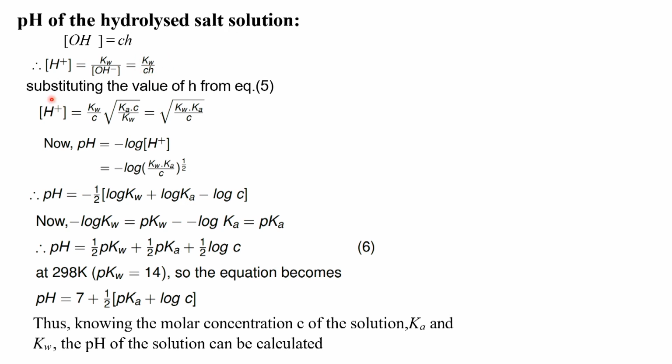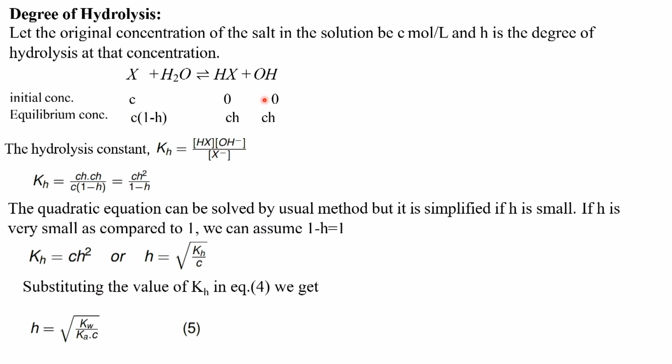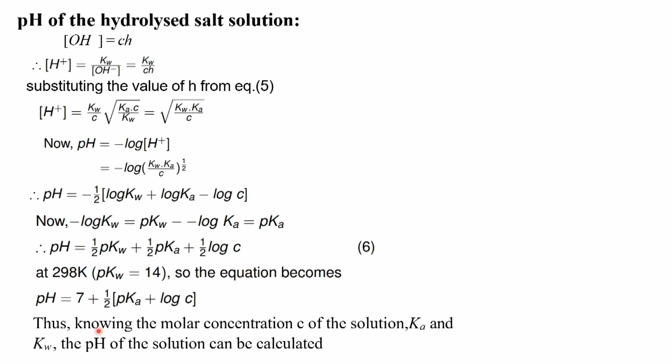Now, substituting the value of h from equation 5, where h is root over Kw by Ka times C, we get the concentration of H plus as Kw by C times root over Ka times C by Kw. This is the expression for concentration of H plus.